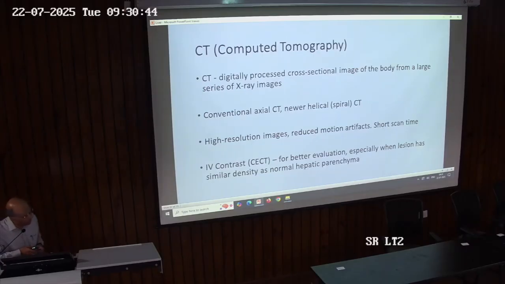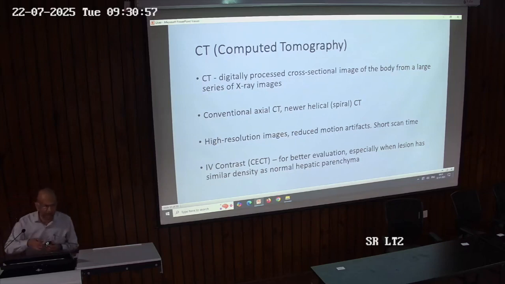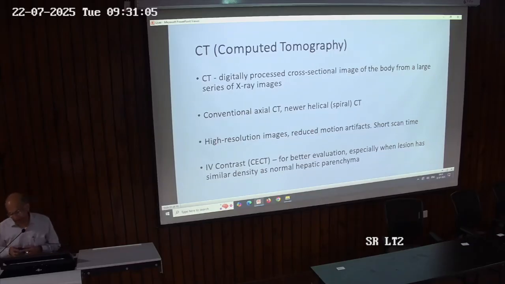Compared to ultrasound, the images here are better, they are more high resolution. Now the CT scan comes in a variety of options. You can have a basic 16 slice CT scan and going up to 256 slice or 500 slices per centimeter. So depending on how many slices the CT is able to take, the more is the resolution.